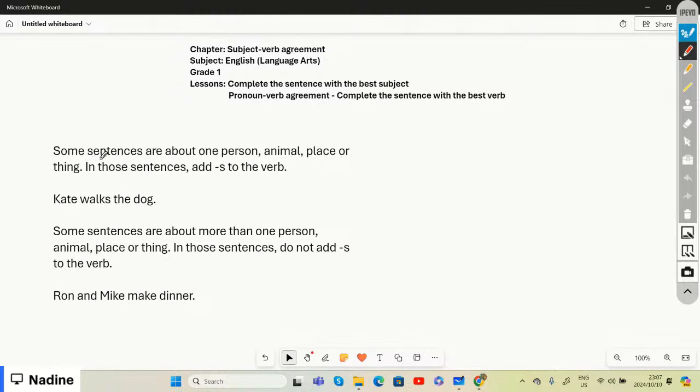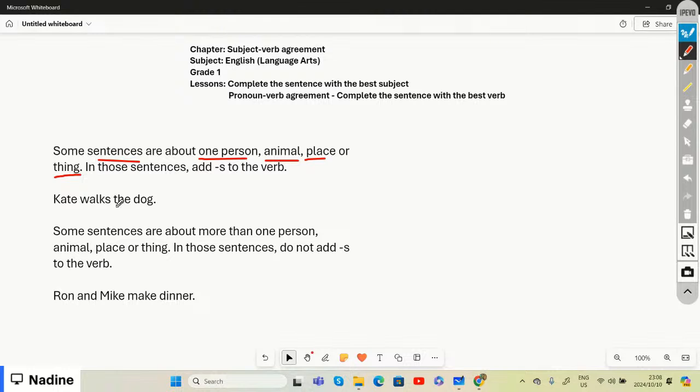So some sentences are about one person, one animal, one place, or one thing.